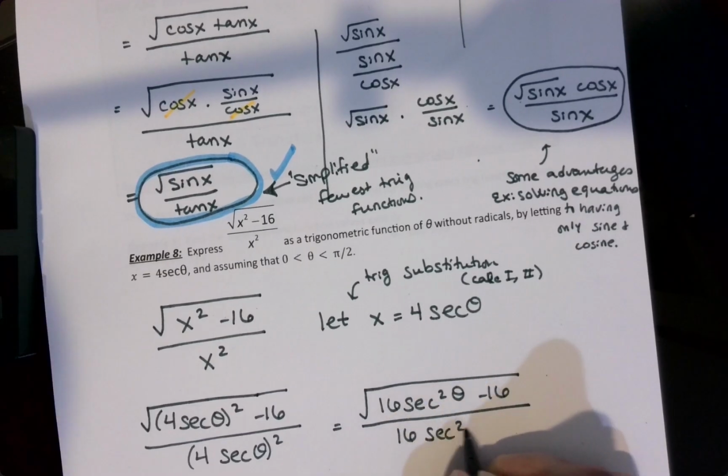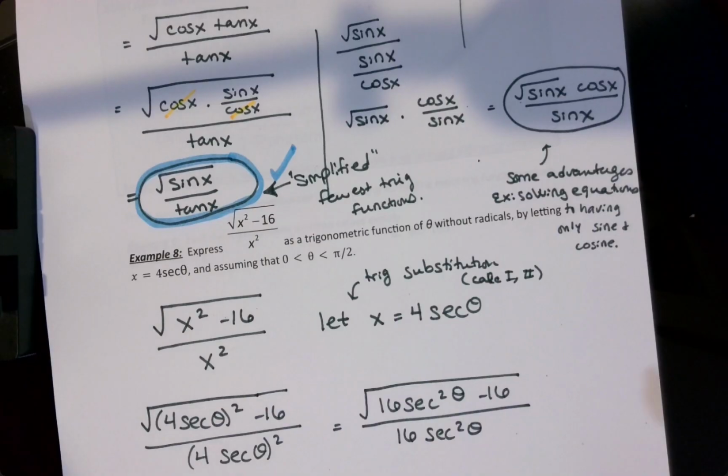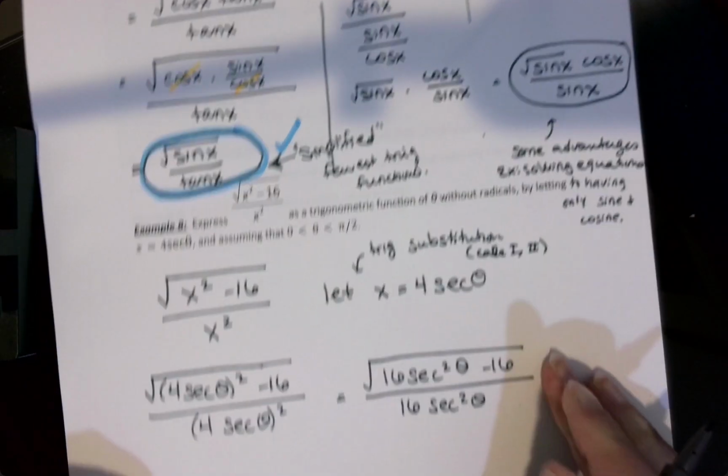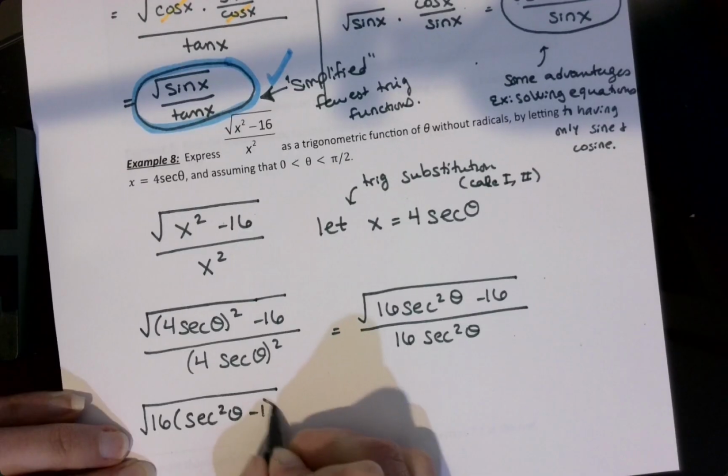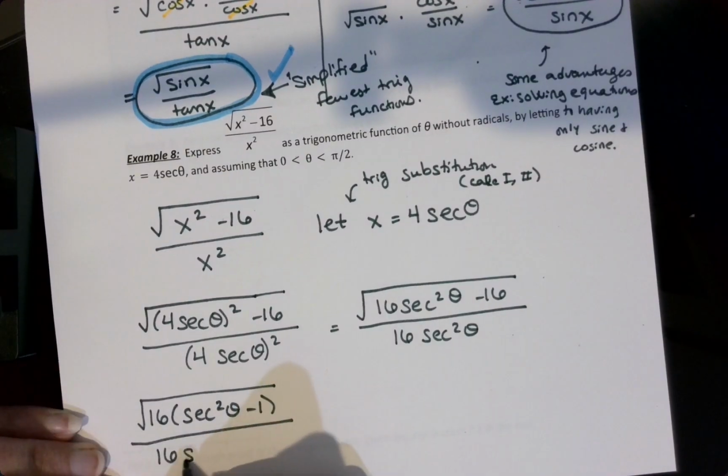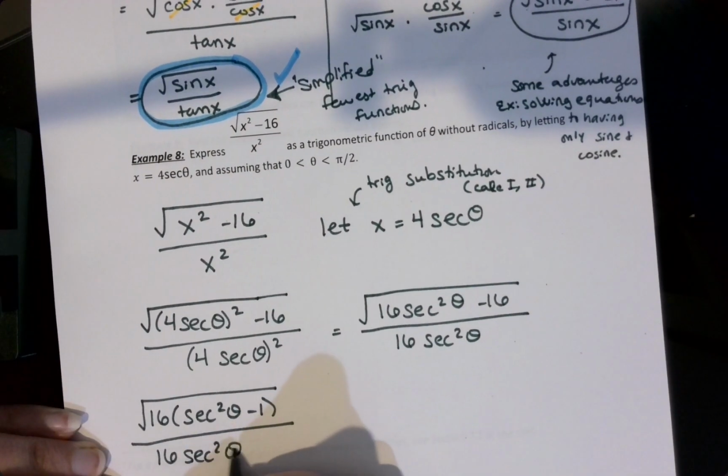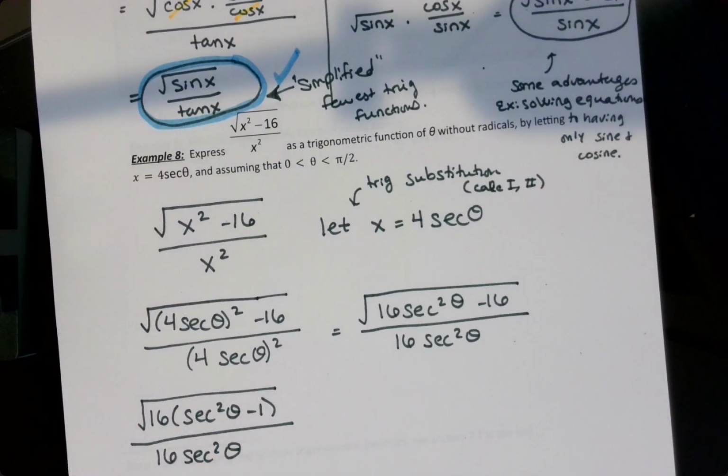Now, that secant squared theta, I need to think about my Pythagorean identities. Let's go back and look on our earlier page. So the Pythagorean identity that had secant squared in it said that secant squared theta was equal to 1 plus tan squared theta.